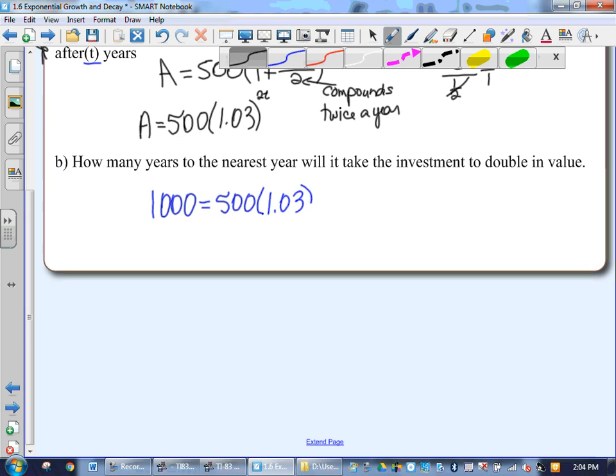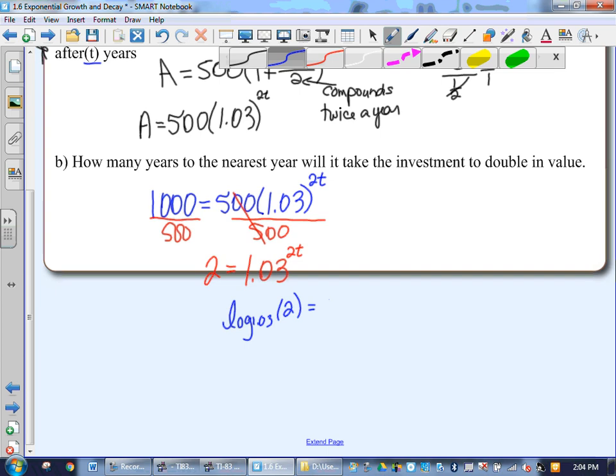Divide by my coefficient. So I have 2 is equal to 1.03 to the power of 2t. Now I can write it logarithmically. So log base 1.03 of 2 will equal 2t, and then I will divide both sides by 2.